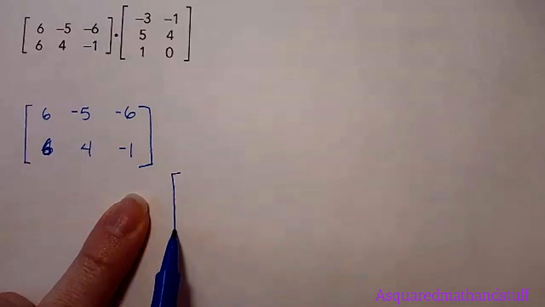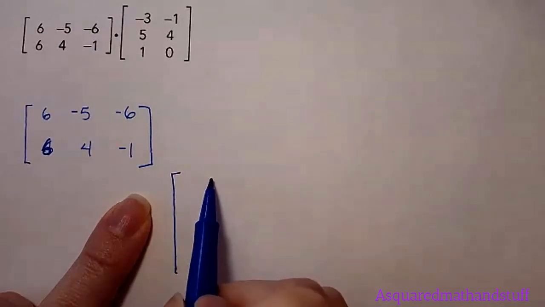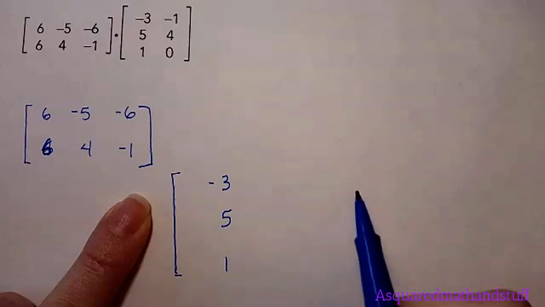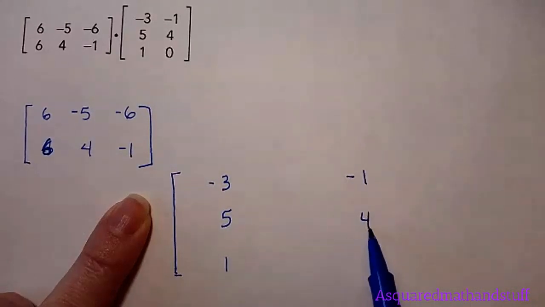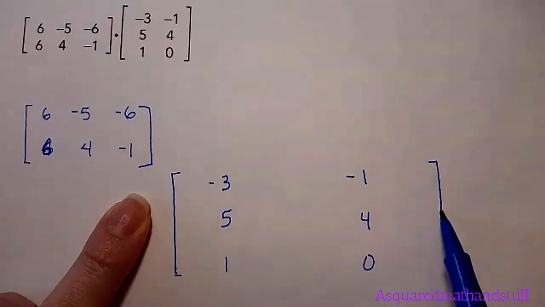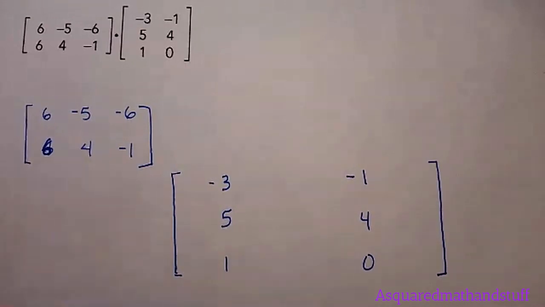And I'm going to space it out because I want to have room to write. So just bear with my spacing here so that I can show you exactly what we're doing. So -3, 5, 1, put this way over here to give me more room to write. Once you understand the process, you don't necessarily have to space this out this much, but again, I'm showing you the process on how to do it.